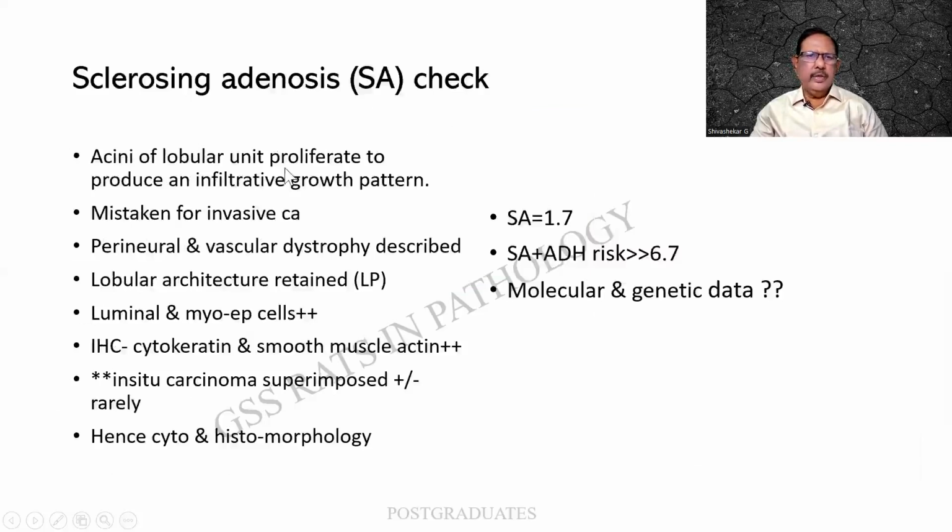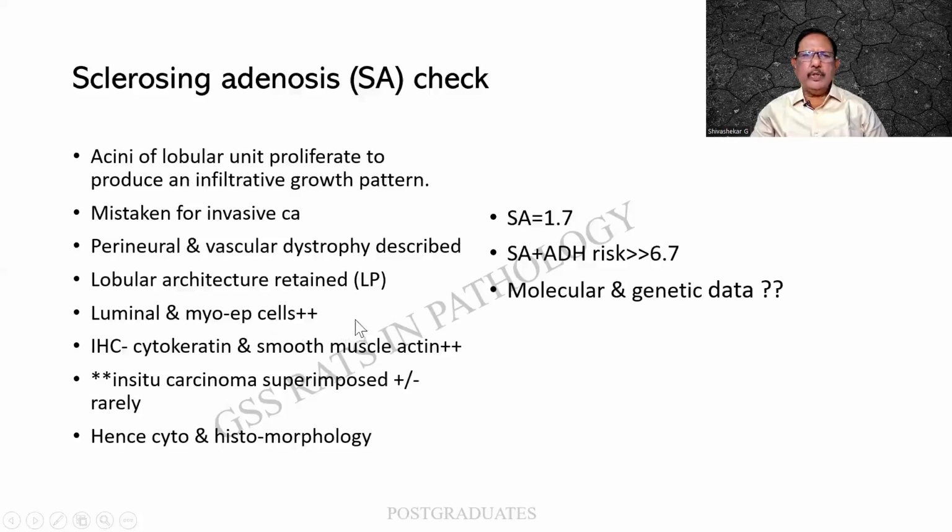Sclerosing adenosis, okay. There can be the acini of a lobular unit which is undergoing proliferation. It can be mistaken for an invasive carcinoma. Perineural and vascular invasion have been described. The lobular architecture, however, is retained. As we had seen in that picture, the entire lobule is there. Luminal cells and myoepithelial cells, thank God, are present.